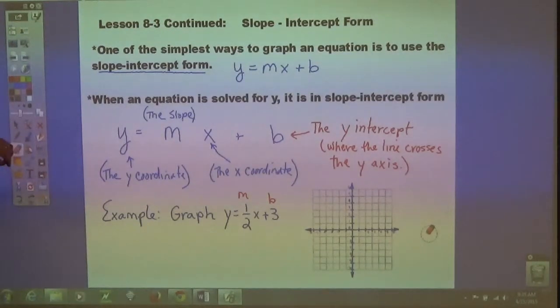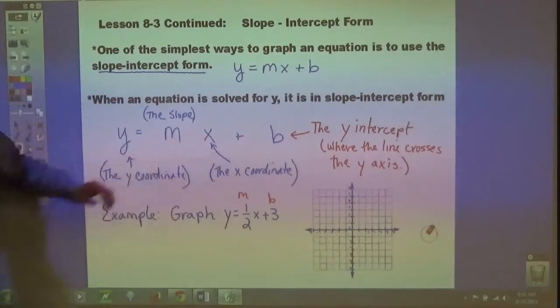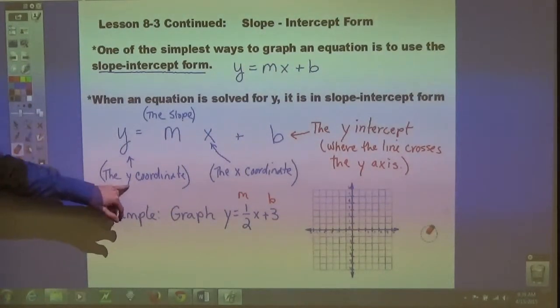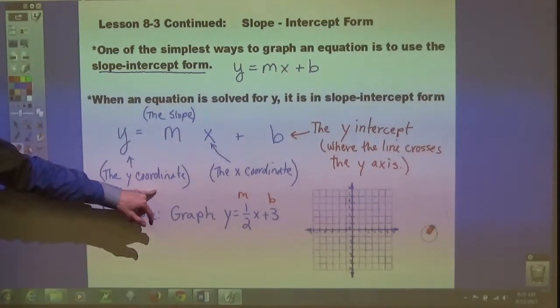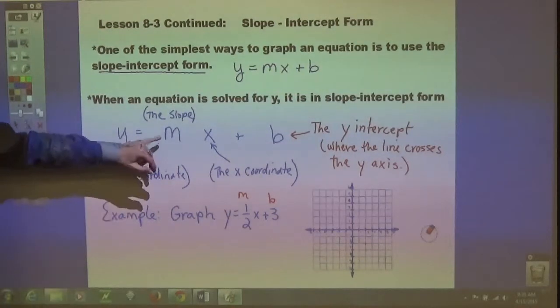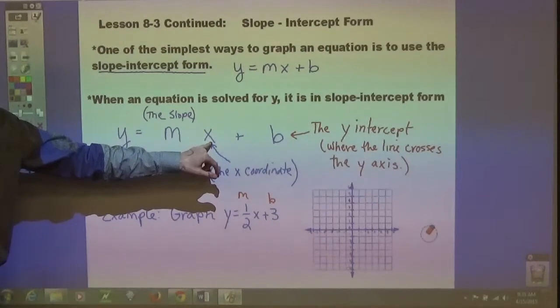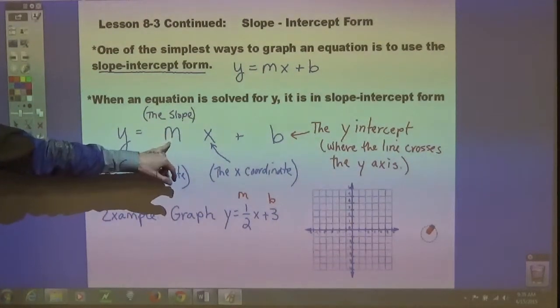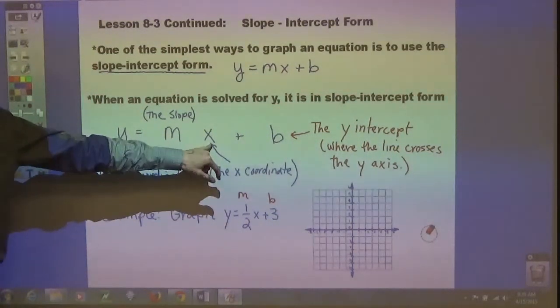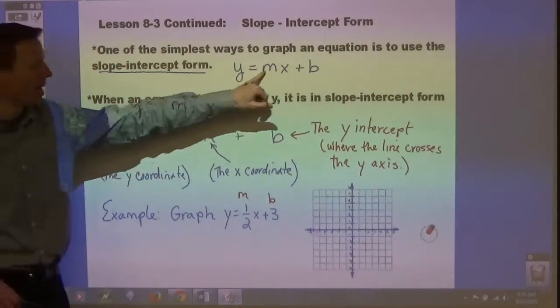Okay. Now, in this equation, the y refers to the y-coordinate of a point. The x refers to the x-coordinate in a point. The m is the coefficient of x. Look at that. mx.